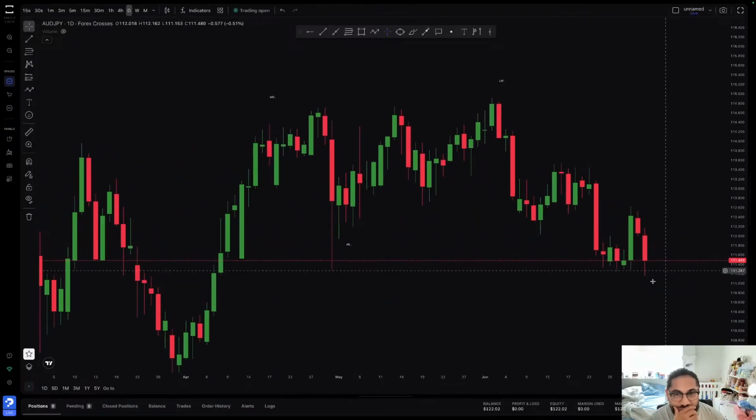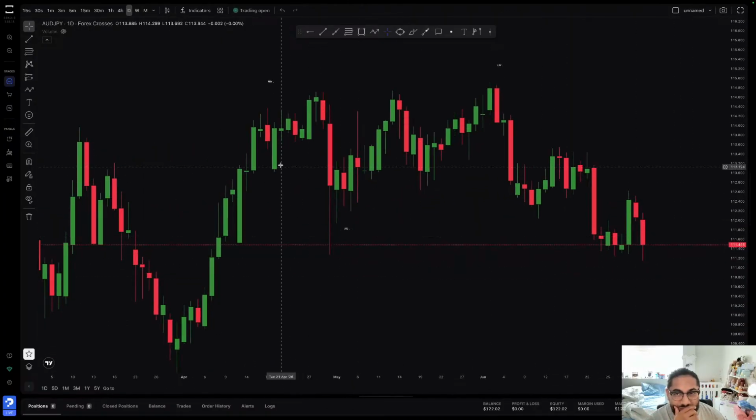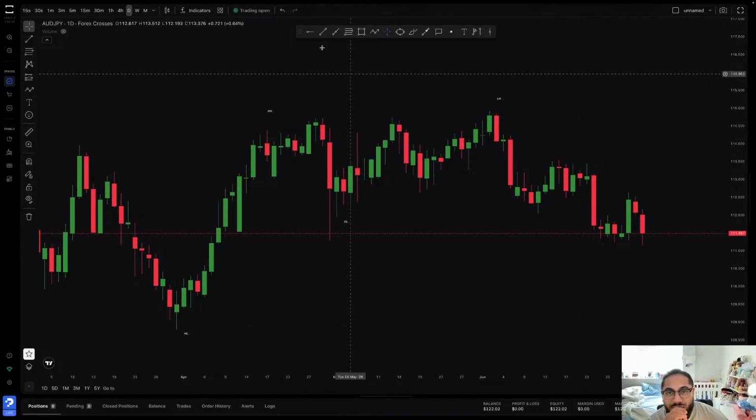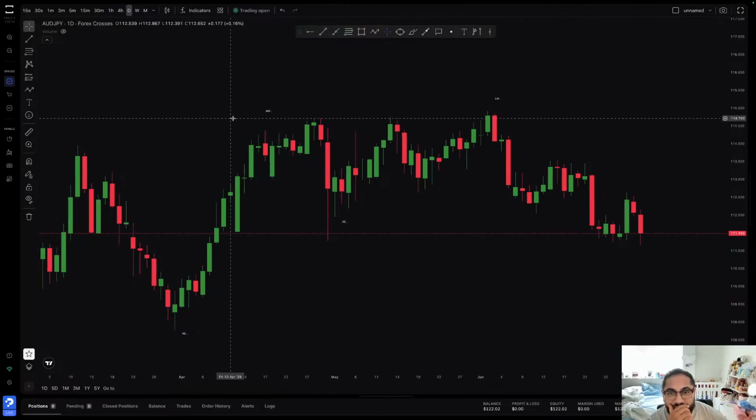Because daily would be pretty much higher low, higher high. So I'm looking at daily as the overall trend. So yes, I would still need to see a higher high based off these levels here. This is where my higher high needs to be.